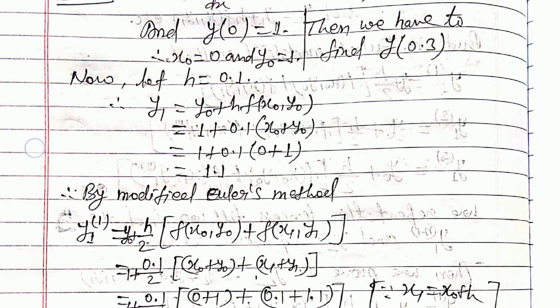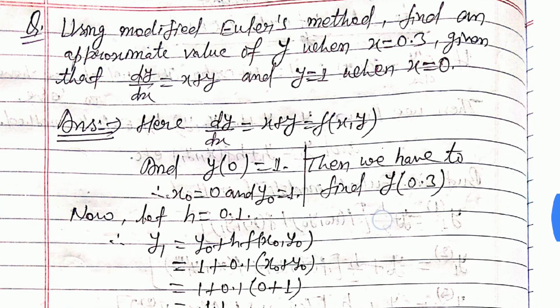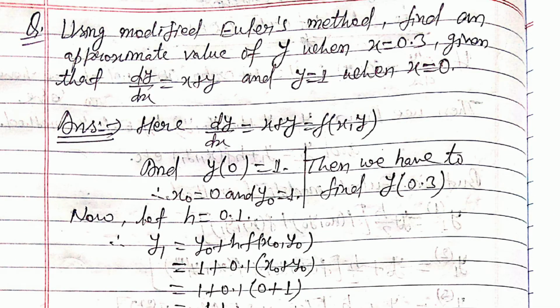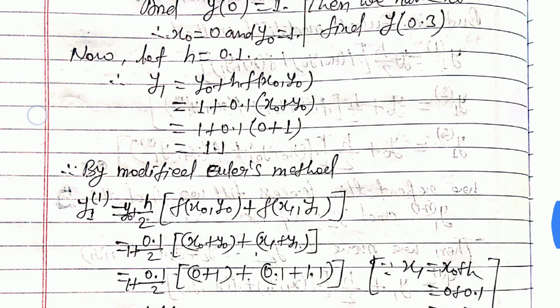So we substitute these values and we get y1 equal to 1.1 by the use of Euler's method.